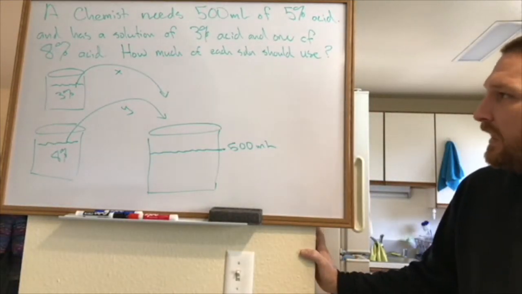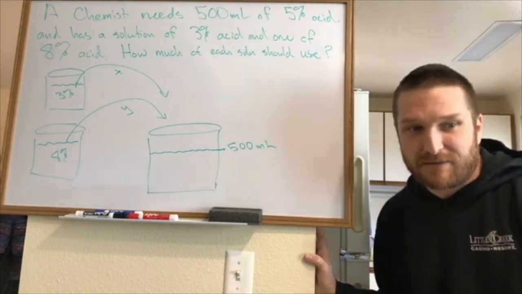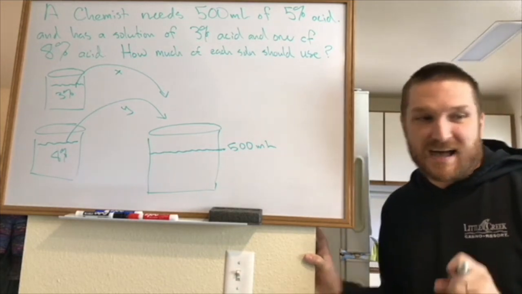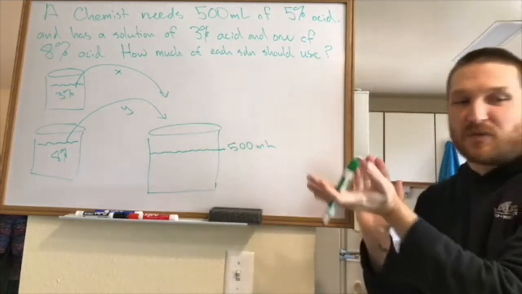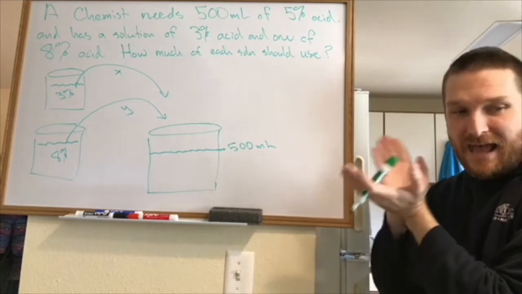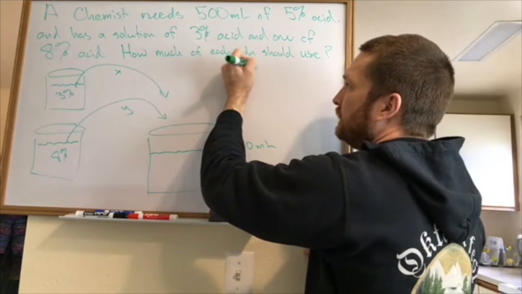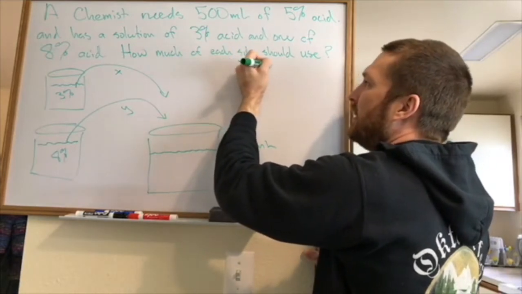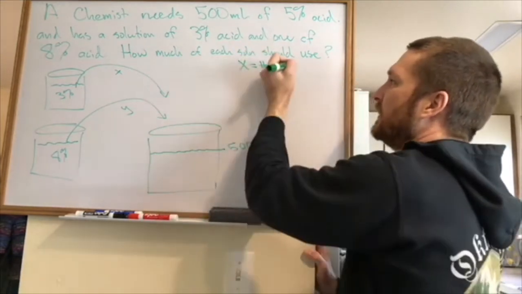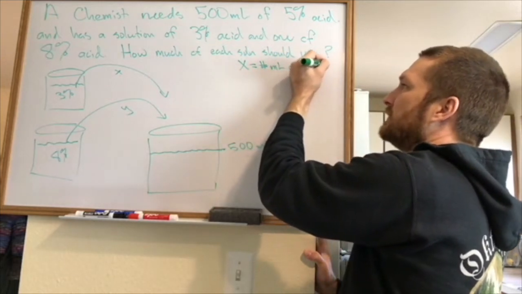Now I'm going to go ahead and write that down. Like I said, I want to define my variables, right? When it's not given in the problem, like it is with triangle PQR, I'm going to write them out and say, okay, X is the number of milliliters of the 3% acid to use.